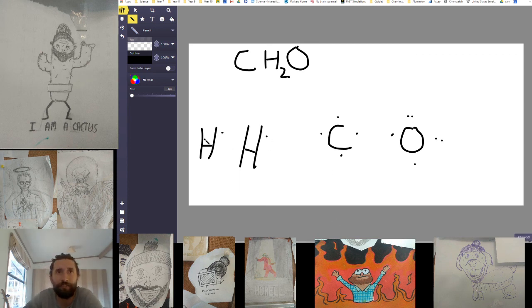So hydrogen, they're going to make 1 bond each. Carbon is going to make 4 bonds, and oxygen is going to make 2 bonds. Now the way I would do this is I will put the one which makes the most bonds in the middle, which is going to be carbon. We know the hydrogens are going to make 1 bond each, so each one of these electrons is going to be bonded to 1 hydrogen.